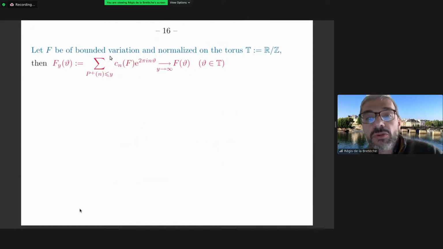And you can prove this result for bounded variation and normalized functions.